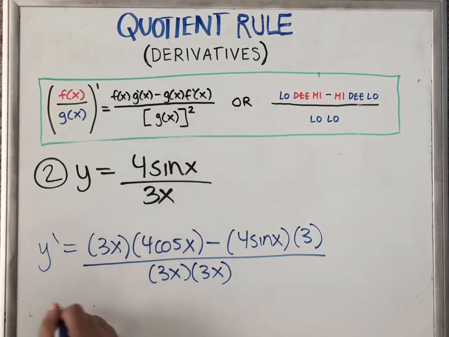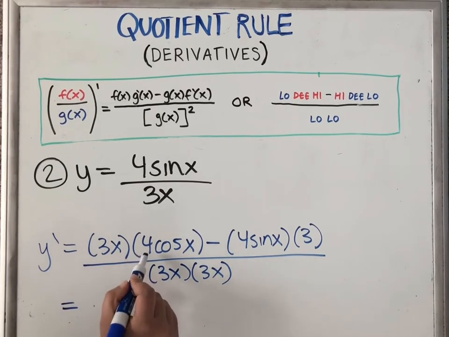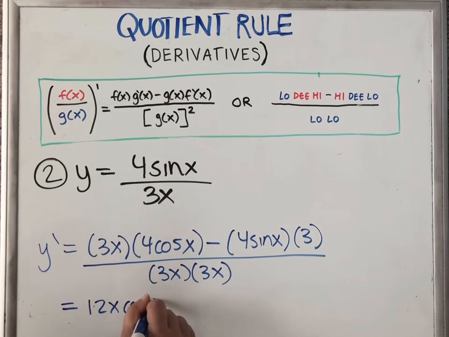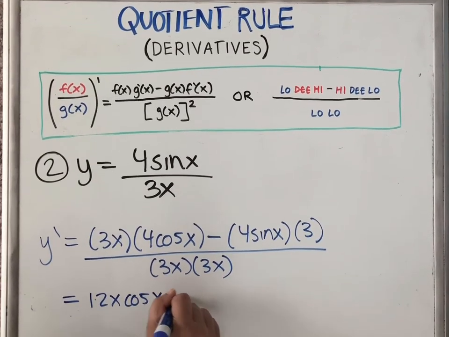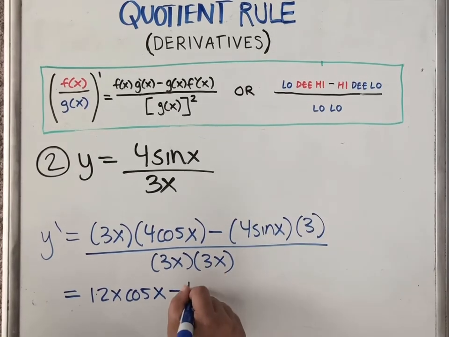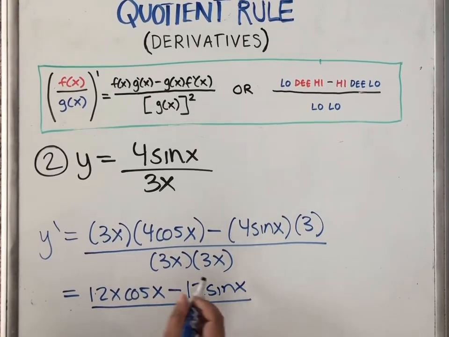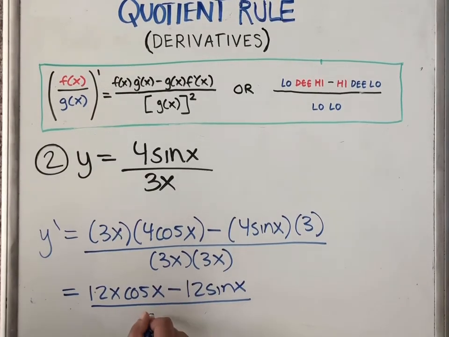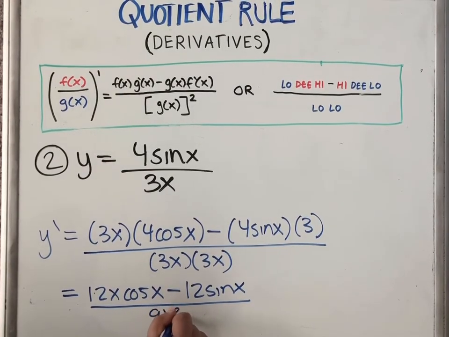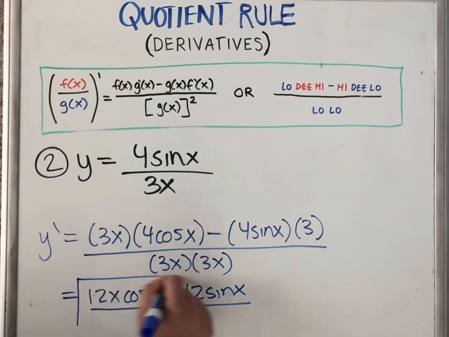And just to clean this up a bit, it's going to give us 12x cosine x minus a 12 sine x all over 3x times 3x, which will give us a 9x squared. And there you go. That's our derivative.